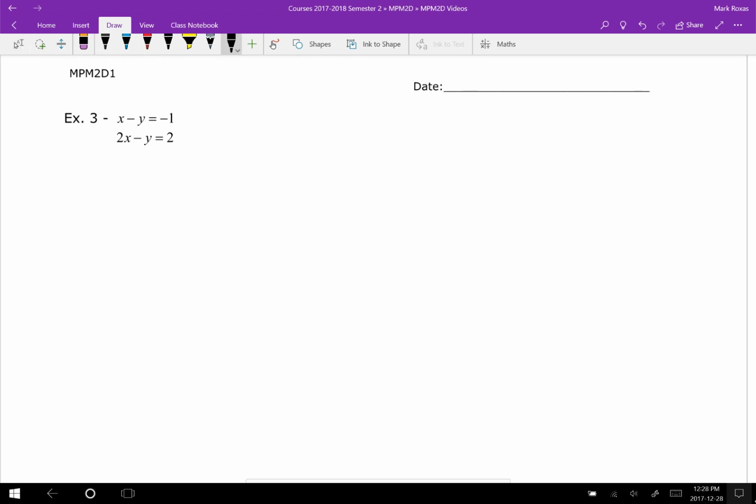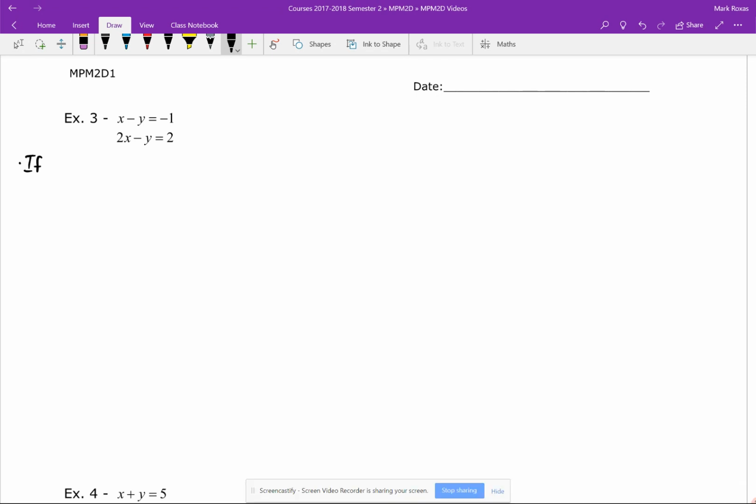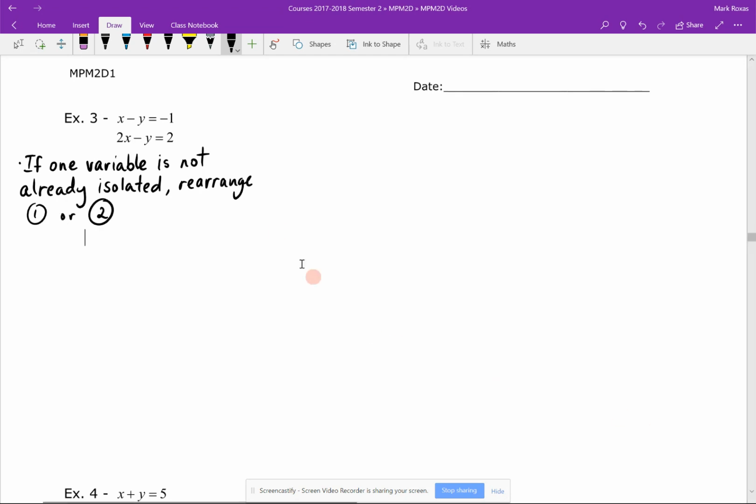So let's say here, if one variable is not already isolated, you have to rearrange. So rearrange 1 or 2.